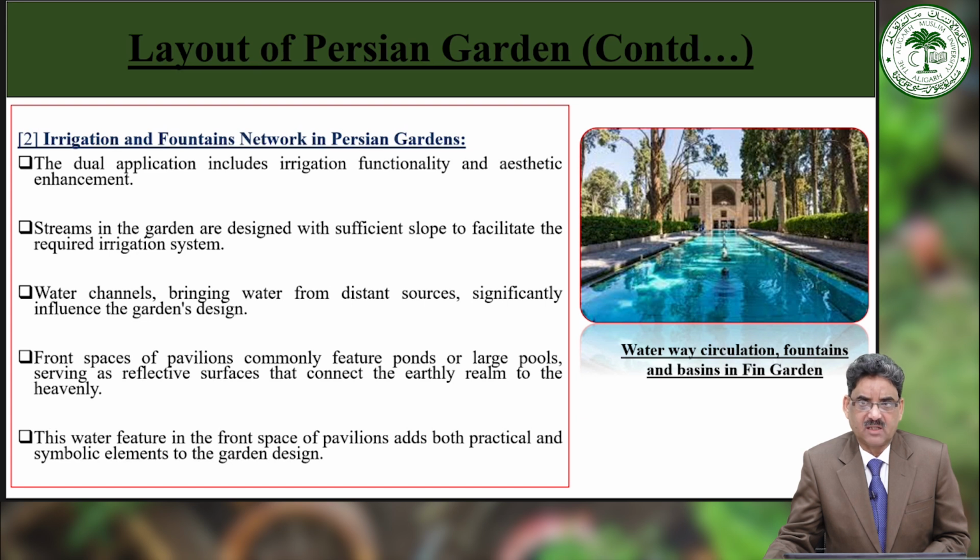The presence of water in Persian gardens has a dual application, a functional application of irrigation besides an ornamental and aesthetic purpose. The streams usually had a sufficient slope to enable the irrigation system required for the garden. The water coming from distances into the water channels had a significant impact on the design of gardens.